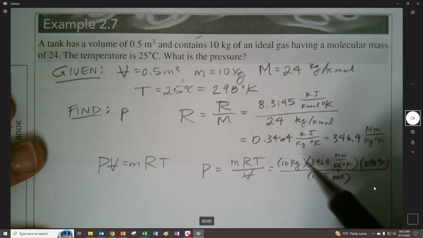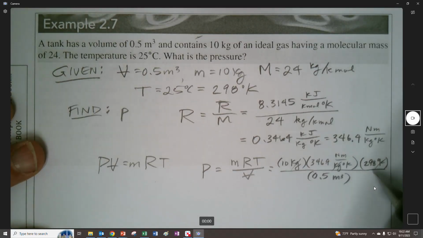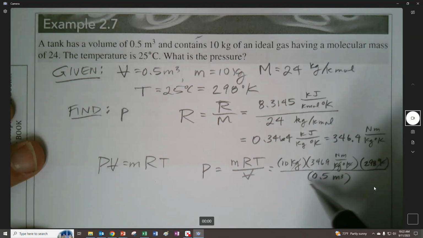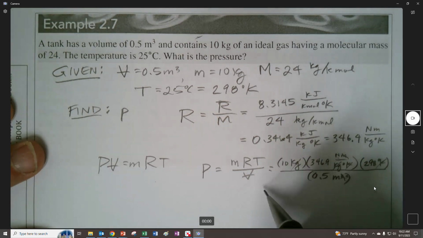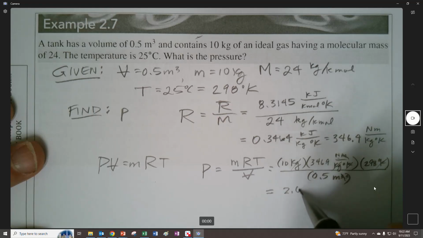So let's take a look at this thing. We got kilogram, degree Kelvin cancelling. We got Newton meter divided by meter cubed, so that turns into Newton per meter squared. So when you get an answer for this, you're going to get 2.065 E6.